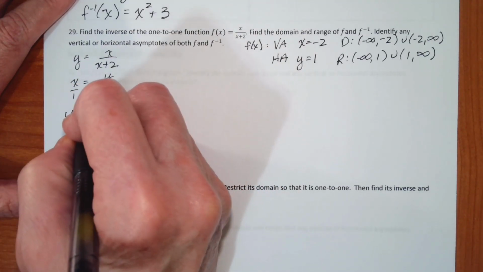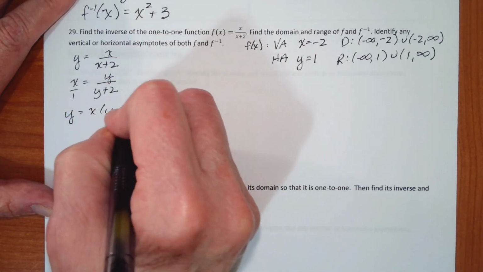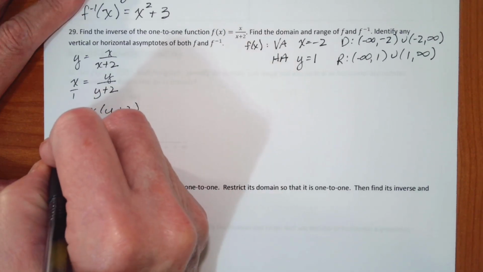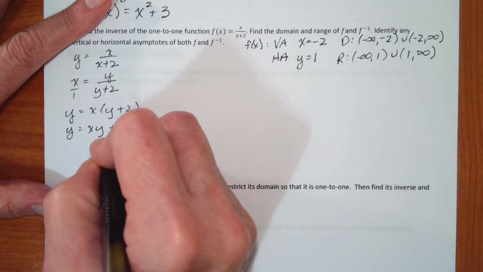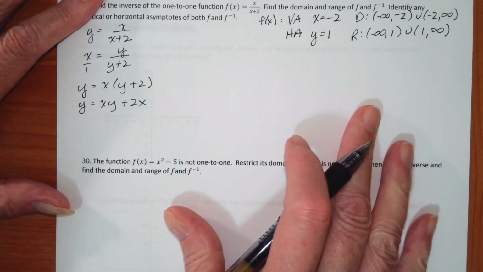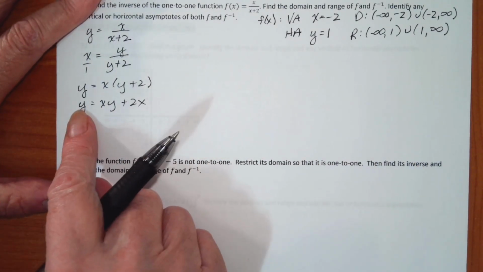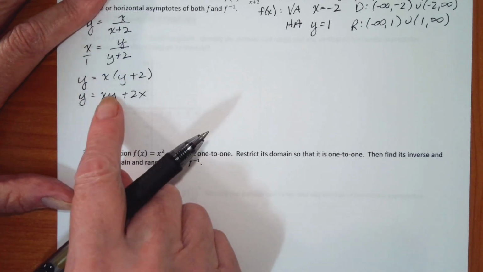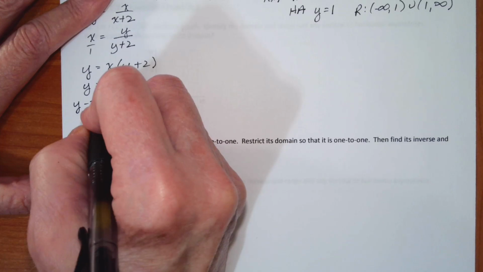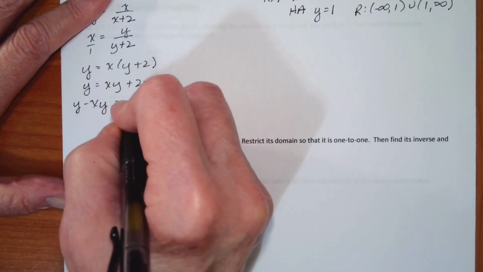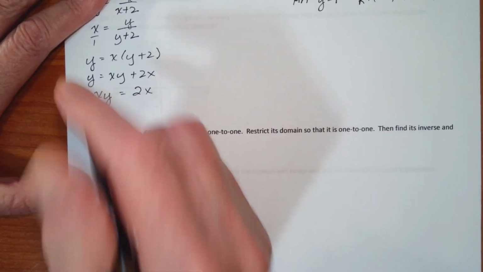This gives me y is equal to x times y plus 2. So y is equal to xy plus 2x. Now I want to know what y is equal to. So I'm going to put my y's over here. So this gives me y minus xy is equal to 2x.